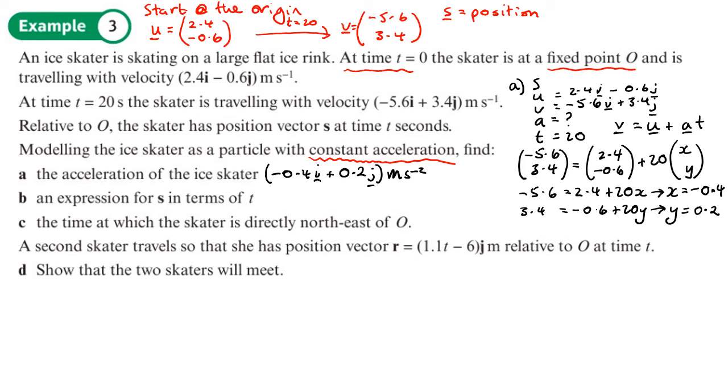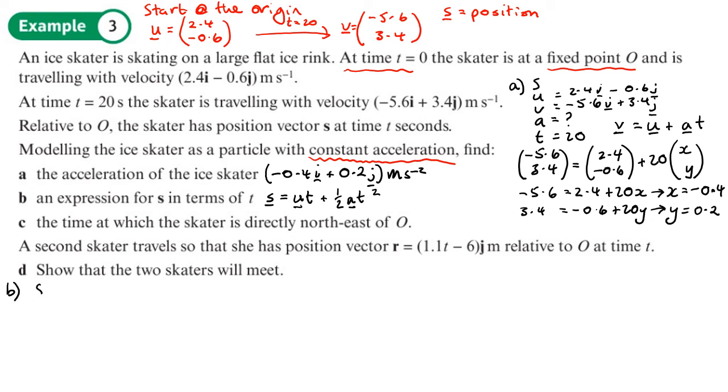In part B, it says an expression for S in terms of T. So we want to write S equals something. Now I have U. It needs to be in terms of T, and I've just worked out the acceleration. So S equals UT plus half AT squared. We'll underline the things which are vectors here, and I'll do the working down here.